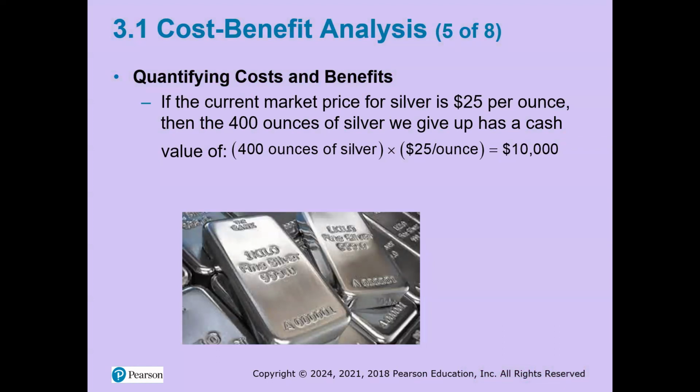If the current market price for silver is $25 per ounce, then the 400 ounces of silver we give up has a cash value of 400 ounces of silver times $25 per ounce, and that will give you $10,000.